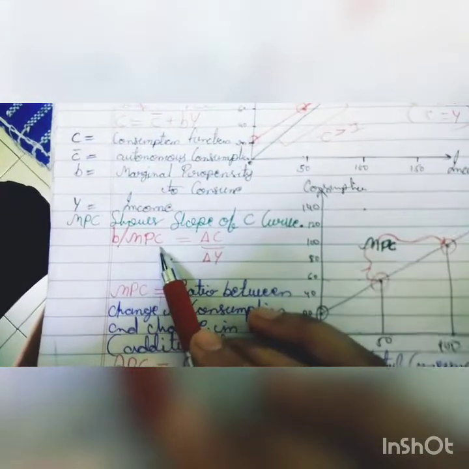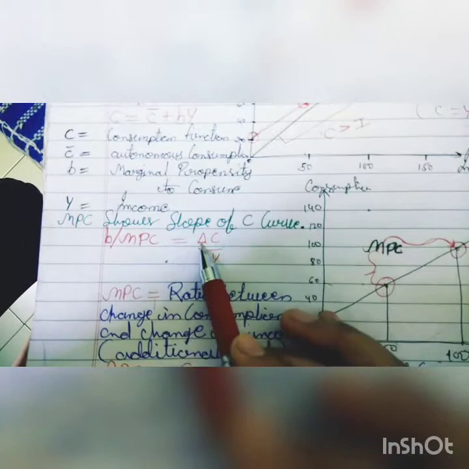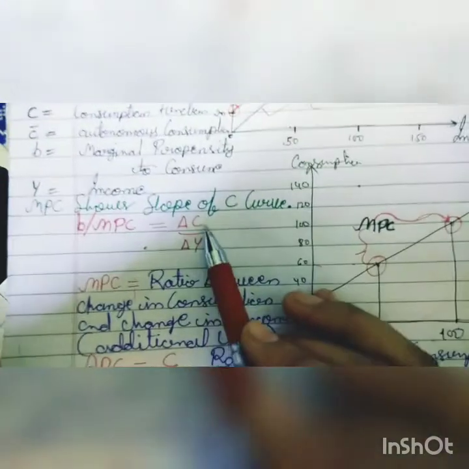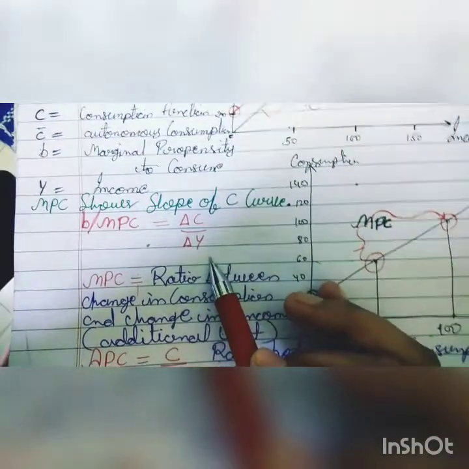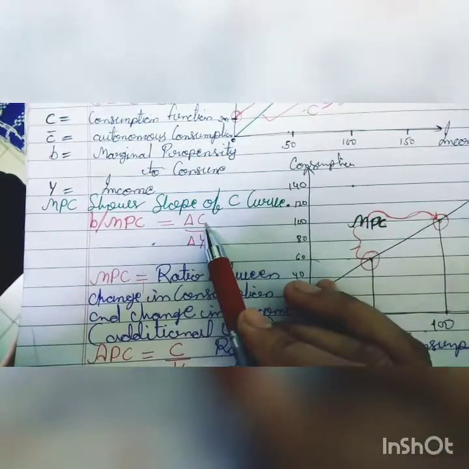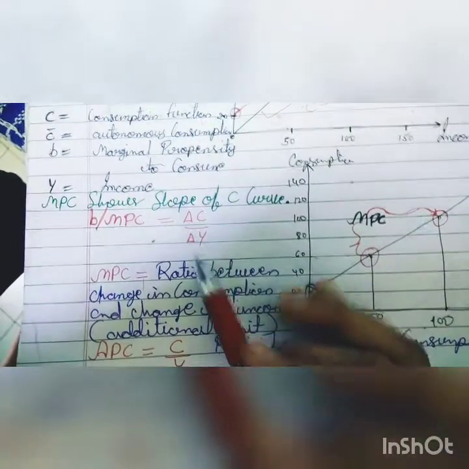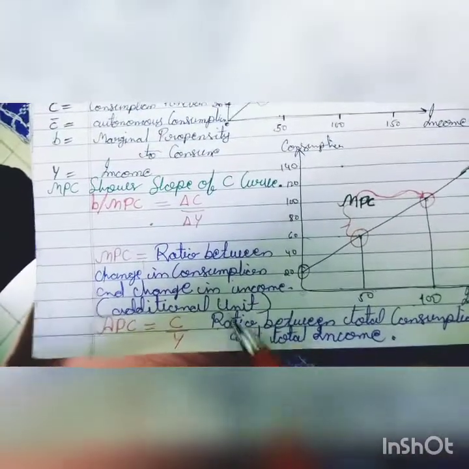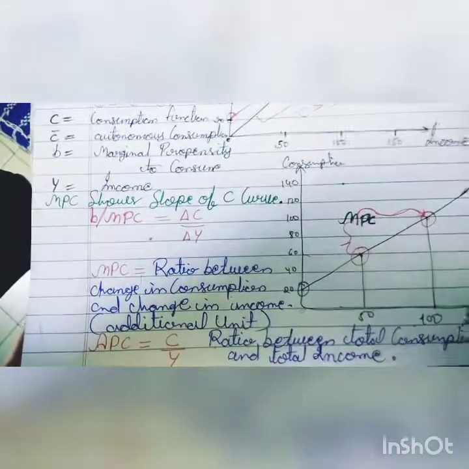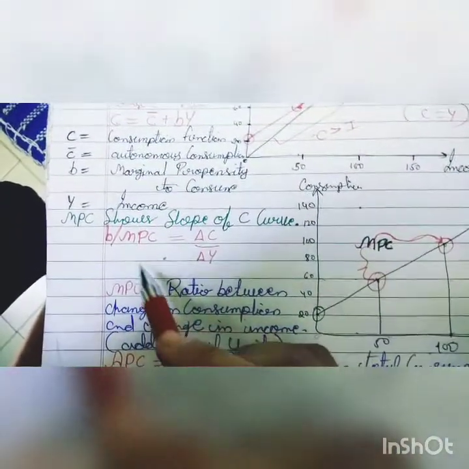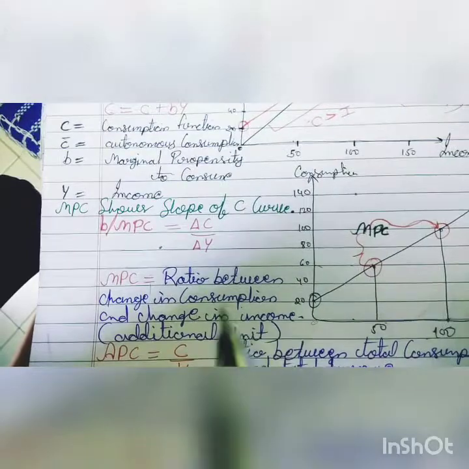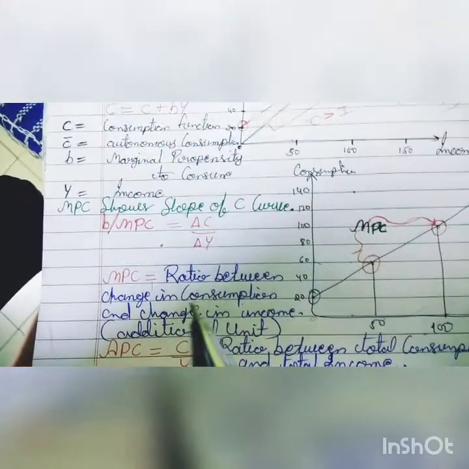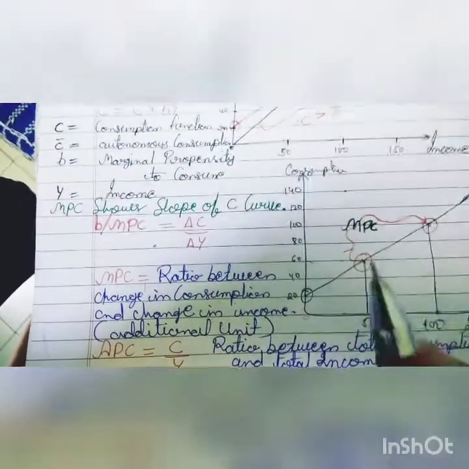So MPC, B, equals change in C divided by change in Y, the additional unit of C divided by the additional unit of Y. That's why it's called marginal. As you know, in the previous 11th class we discussed that marginal means additional, extra unit.